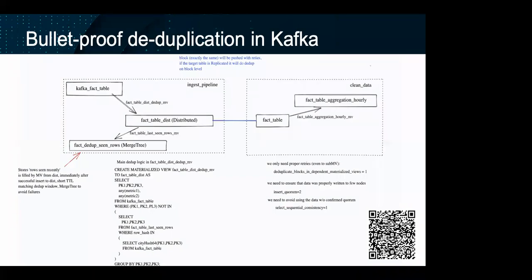One of our engineers designed a bulletproof deduplication for Kafka, and I don't expect you to understand this excellent diagram, but you can scan this QR code and navigate to the bigger picture and try to understand this logic.